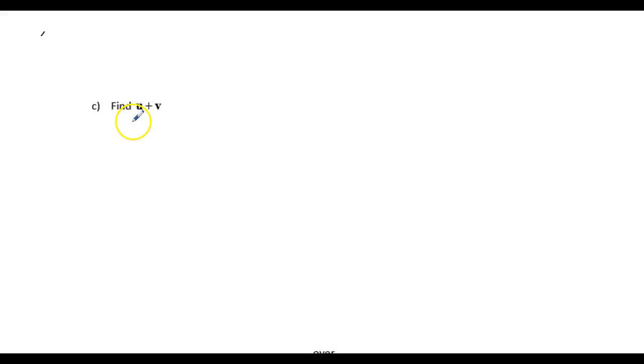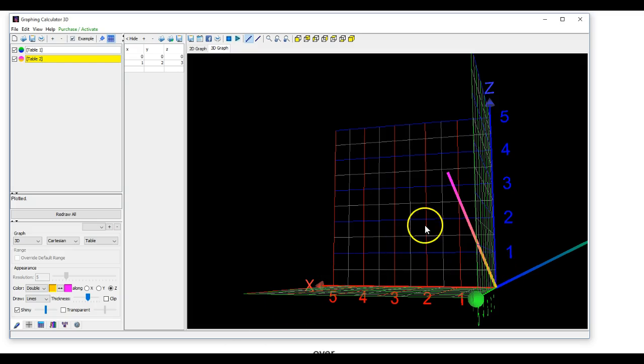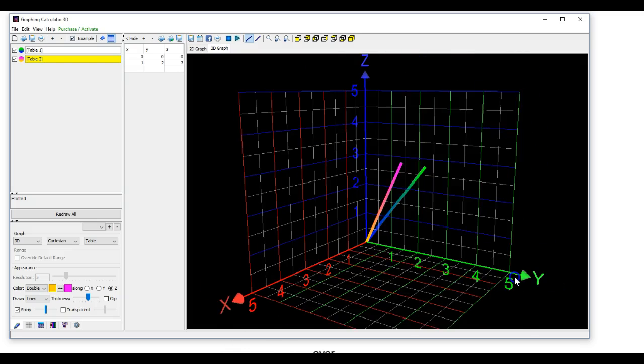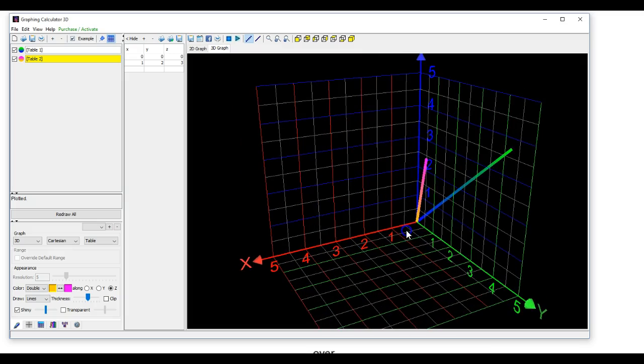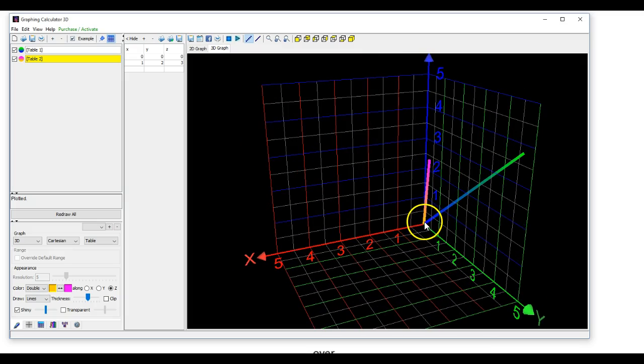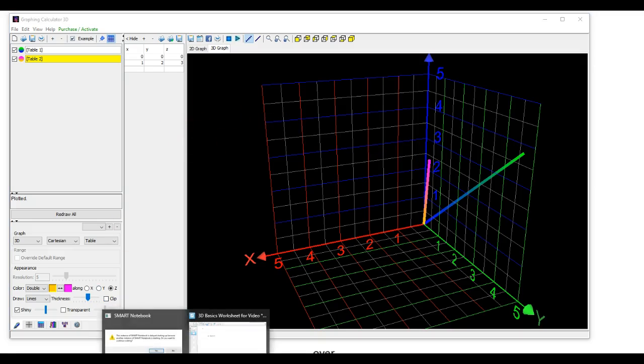For c here, we're just trying to find the sum of the two vectors, and recall that if I flip back to the pictures, we'd be putting these two vectors head to tail and then drawing the vector from the starting point of one to the end point of the other. Can't really do that in this tool. But when we have the vectors in component form, remember adding them is as simple as just adding the components.